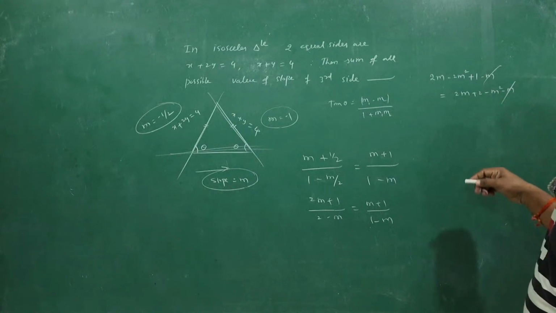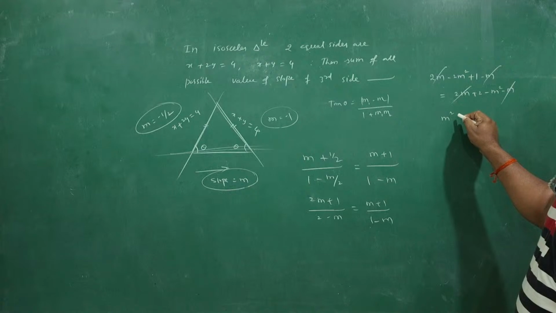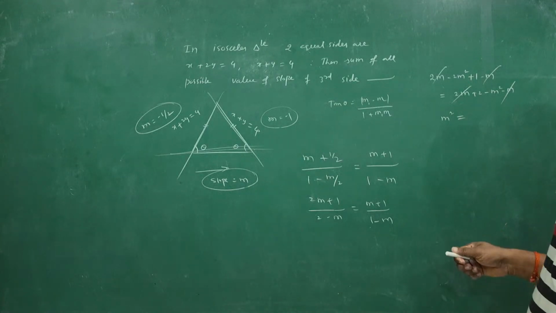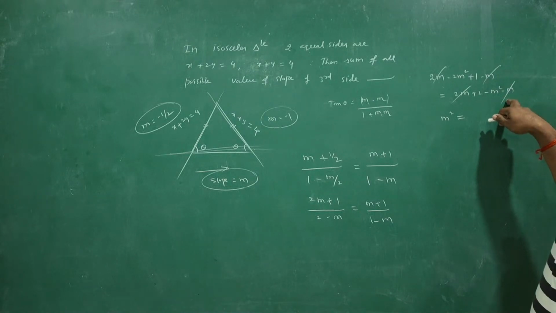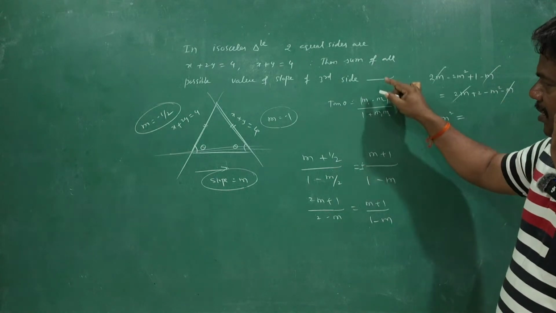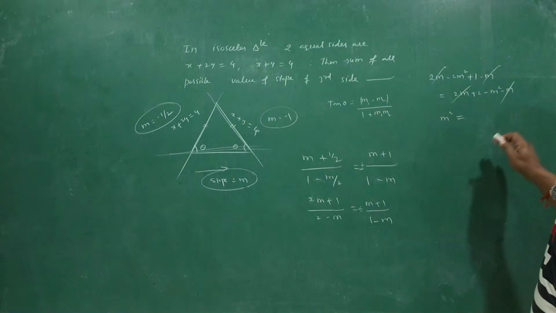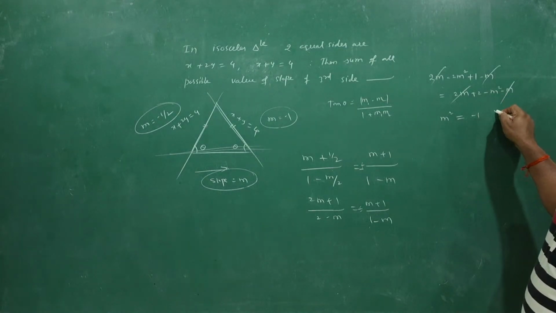Minus m cancels, 2m cancels, m square equal to minus 1. Here it is plus or minus sign, because you have the modulus sign, so put plus or minus. With the plus symbol, m square equal to minus 1 is not possible.